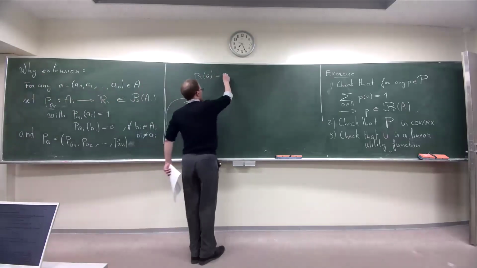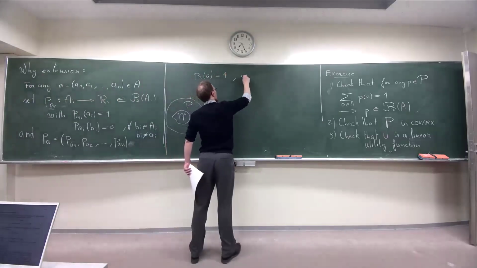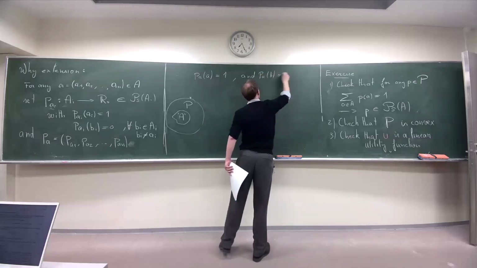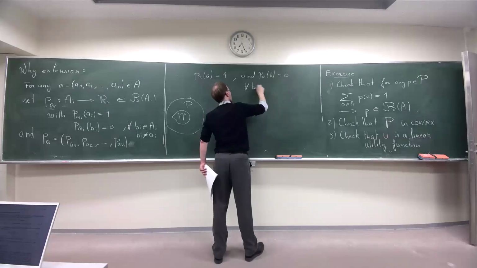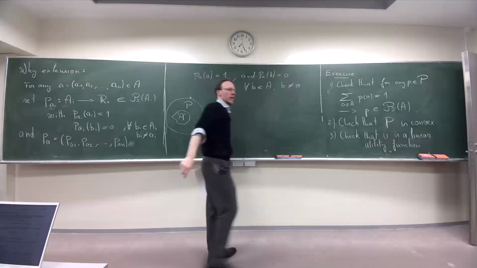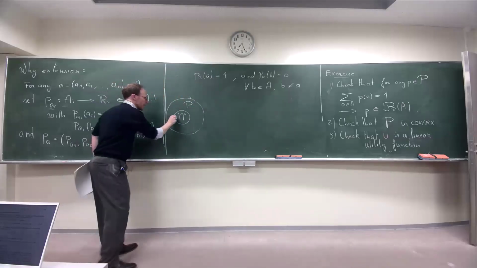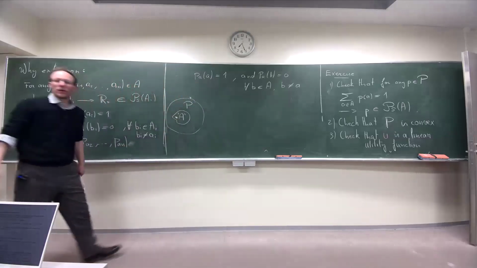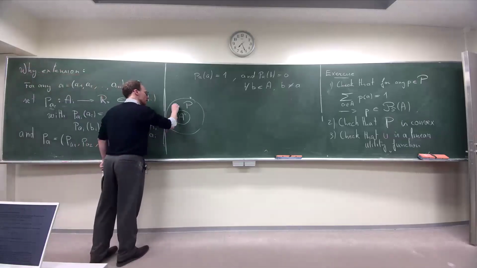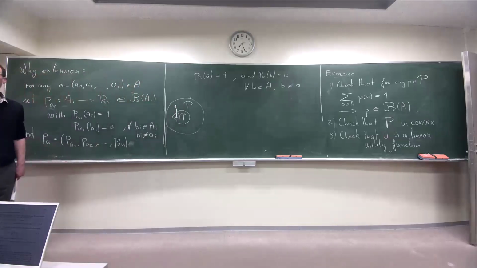So it takes exactly the value 1, and p_a at any b inside A, b different from a, is 0. So A is included in P simply by taking the function which takes the value 1 at this point and 0 elsewhere. So this is an inclusion of A in the set of functions.